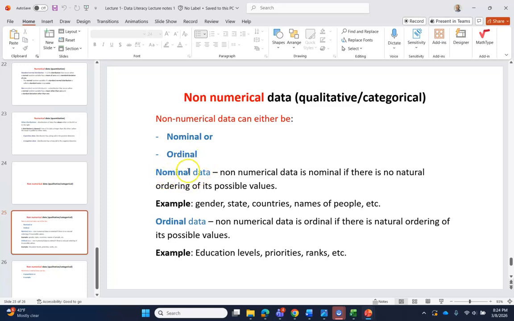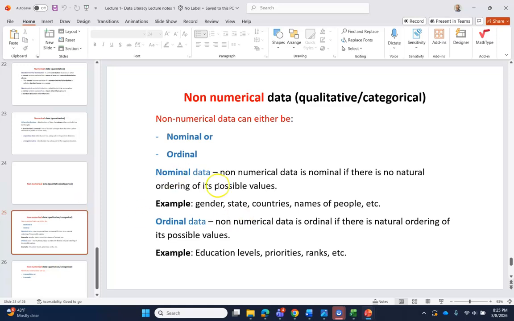And nominal non-numerical data is data which has no natural ordering of its possible values. For instance, if you are looking at gender, you can start with female or male, which is okay. If you're looking at the number of countries, you don't have to put them in an order. Or if you are talking about the names of the people, they may not need to be ordered.